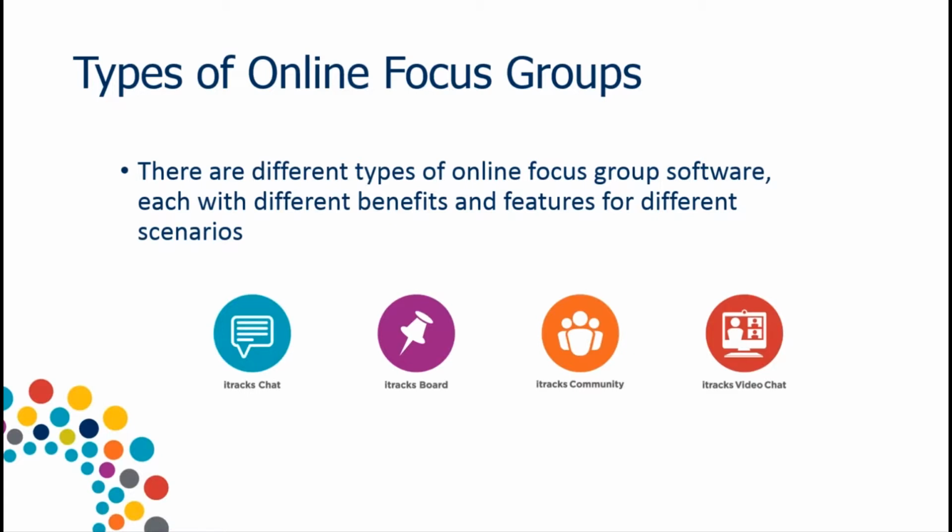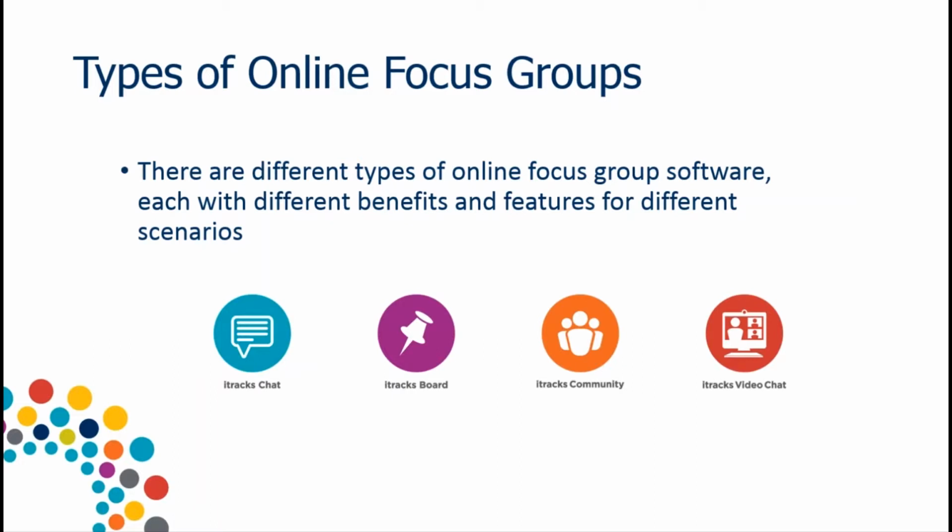itracks board is a bulletin board technology which also includes in-home usage testing capabilities, journaling or diaries through what we call interview mode bulletin boards, and then also the ability to run mobile-based video ethnography studies.